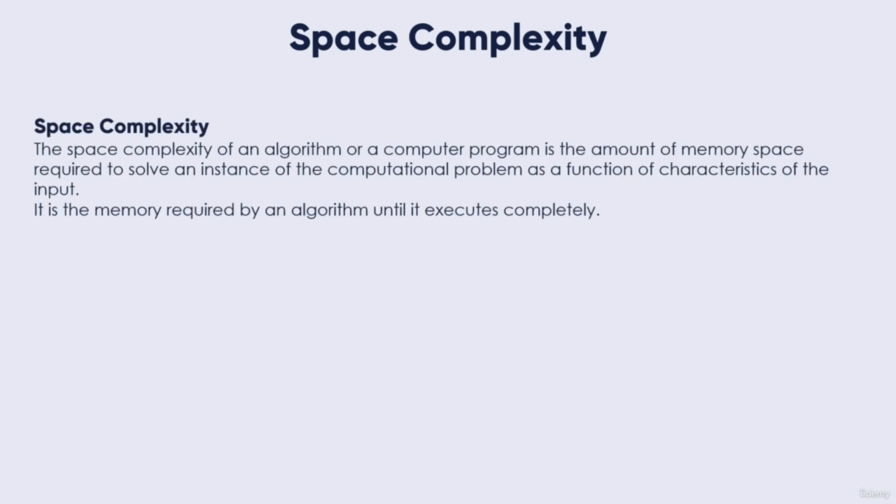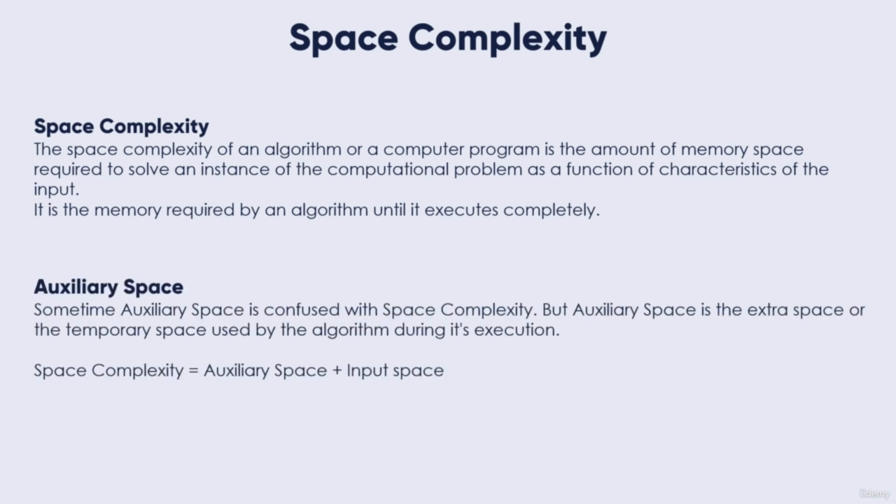So there is the space complexity of an algorithm or a computer program, which is the amount of memory space required to solve an instance of the computational problem as a function of characteristics of the input. It is the memory required by an algorithm until it executes completely.